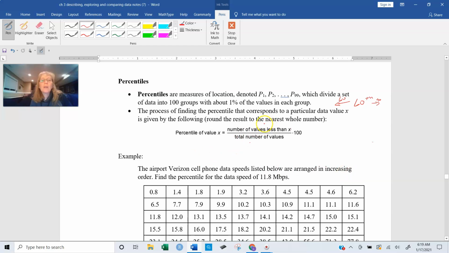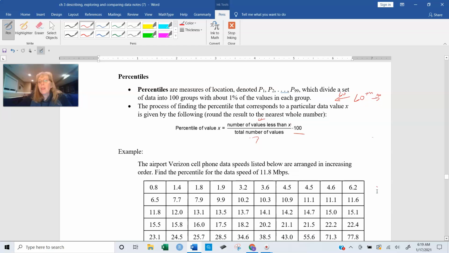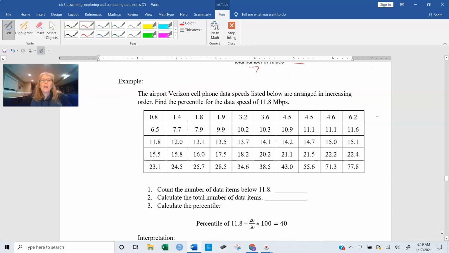So now we need to calculate this. We have to take the number of values less than x, divided by the total number of values, times 100. So let's look at our data values here. We have the Verizon cell phone data. It's already in order for us, in increasing order, and let's find the percentile for the data speed of 11.8. I want to know where this one falls.